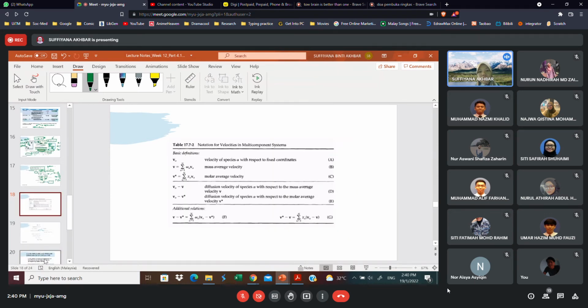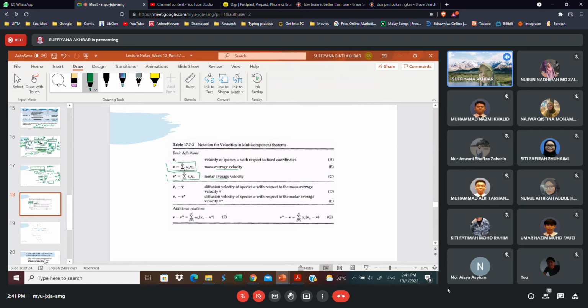Okay, what is this? This one I dah discuss tadi kan? So kita tahu mass average velocity here, mass average omega times the individual average velocity. If molar, beside dia ada star kat sini, beside by using omega here, you akan using x.